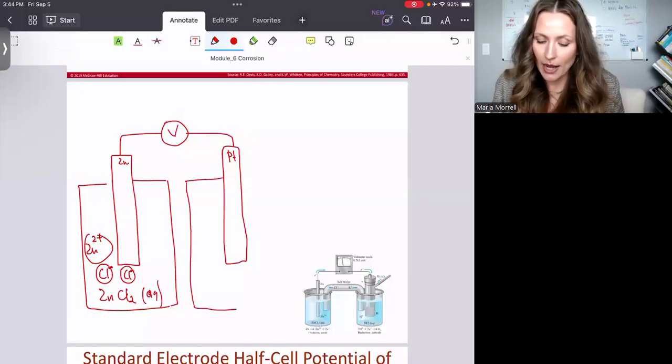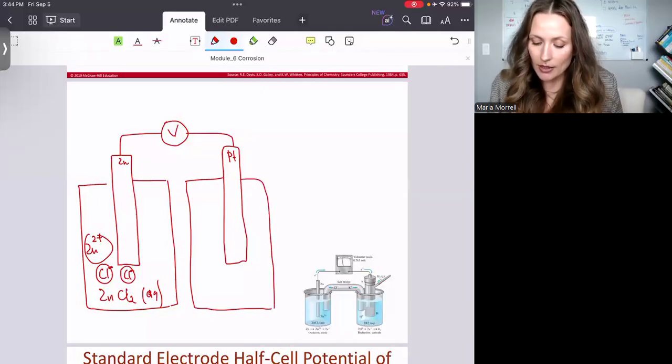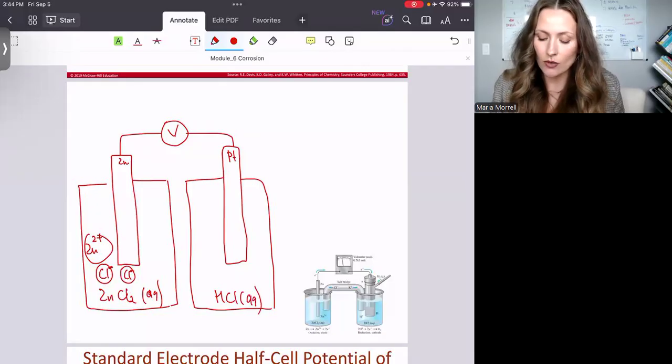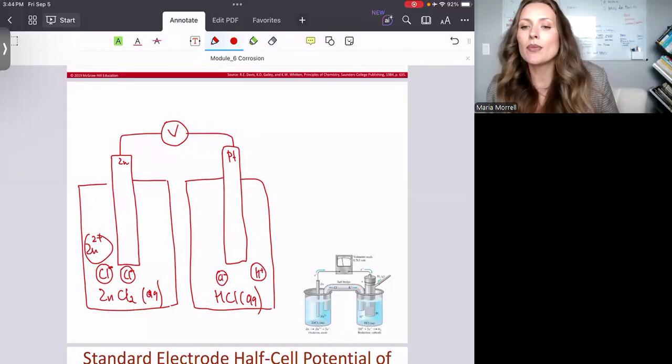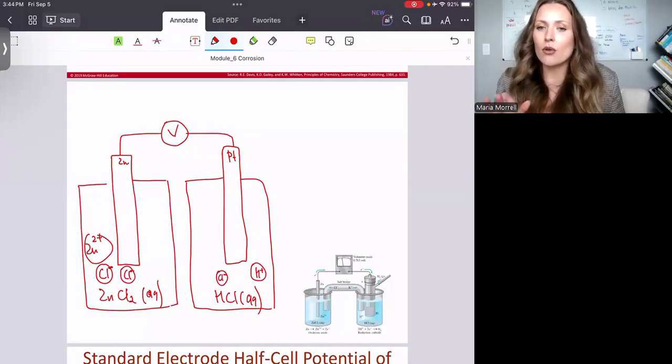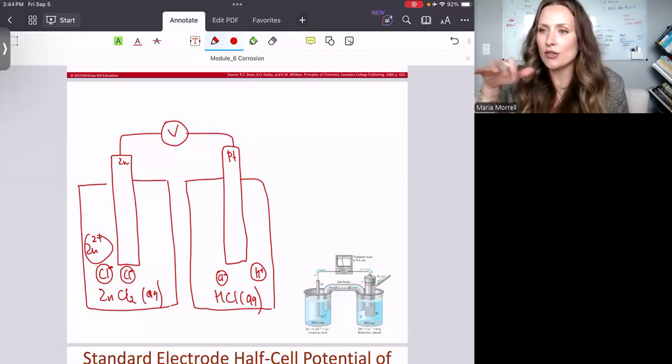And I will have a platinum electrode, and the platinum electrode is going to be in hydrochloric acid, again an aqueous solution, meaning that I have a bunch of H plus and a bunch of Cl minus. So hopefully now we understand what is floating in the solution that surrounds my bar.